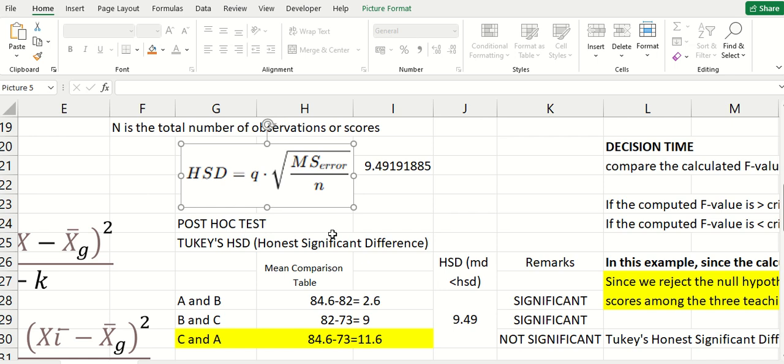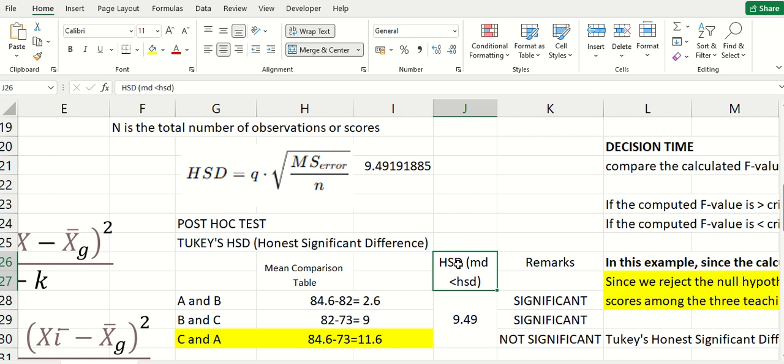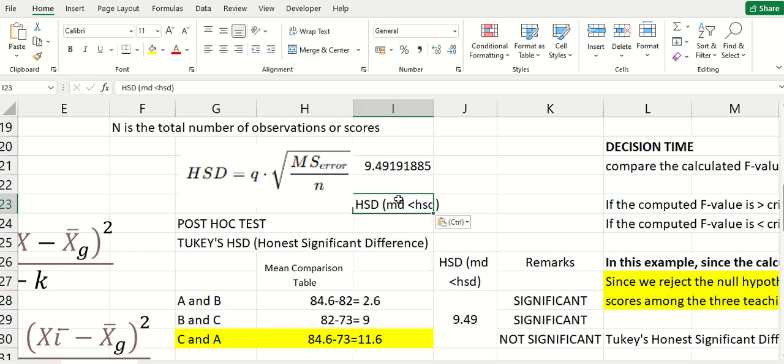First we need to follow the format. This is our golden rule: the MD is the mean difference.